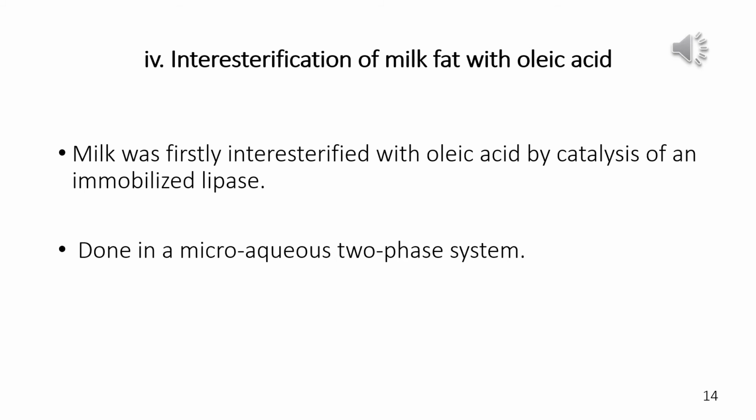So what is a microaqueous two-phase system? It consists of liquid-liquid fractionation techniques and has gained interest because of its great potential for extraction, separation, purification, and enrichment of proteins, membranes, viruses, enzymes, nucleic acids, and other biomolecules both in industry and academia.